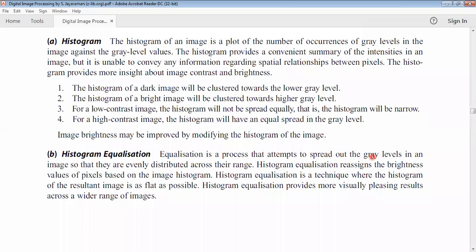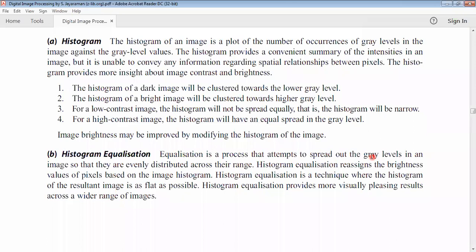So if we perform this equalization, in the name itself there is equalization. Equalization means distribution of gray levels evenly throughout the entire range. So whatever hidden information, whatever content is not visibly appearing, that is going to be extracted.